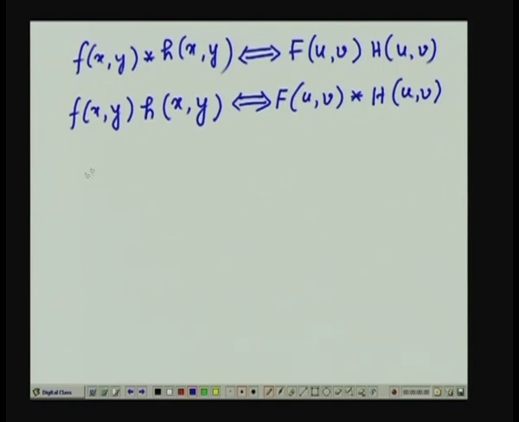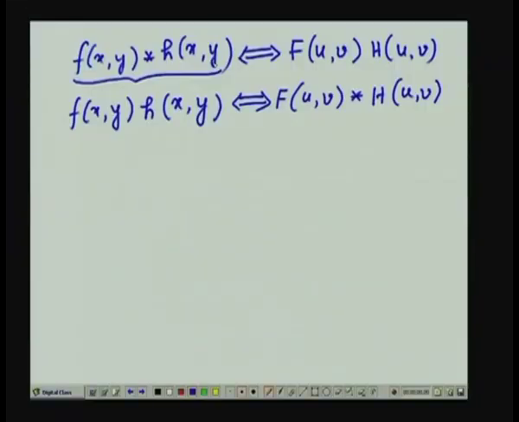So, to perform this convolution operation, the equivalent operation can also be done in the frequency domain if I take the Fourier transform of the image f(x,y) and the Fourier transform of the spatial mask h(x,y).